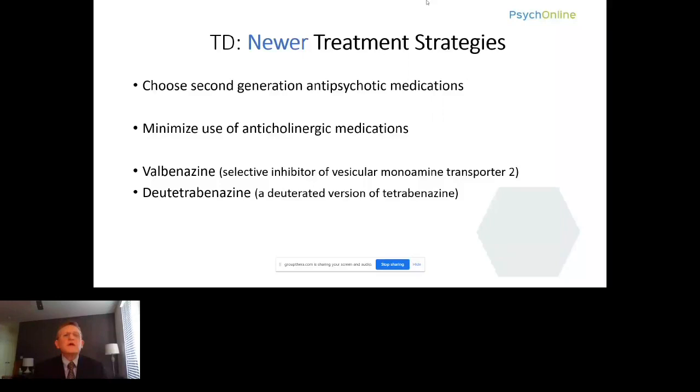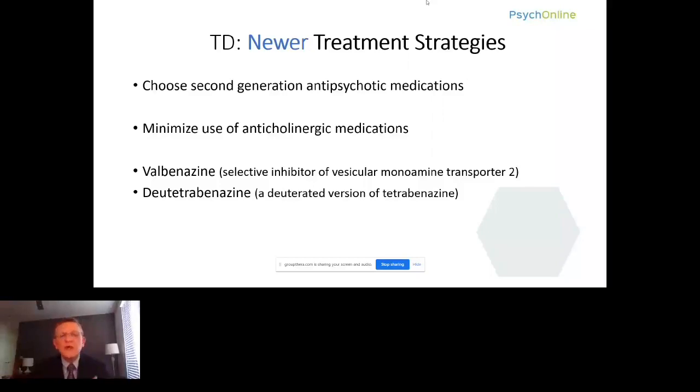But with the second generation antipsychotic medications, even the weak agonists, we found the incidence is less than 0.5%, or 1/10 or more less. So whenever you can, to avoid tardive dyskinesia, you want to think about a second generation agent, not a first generation agent. And as we said earlier, minimize the use of anticholinergic medications.